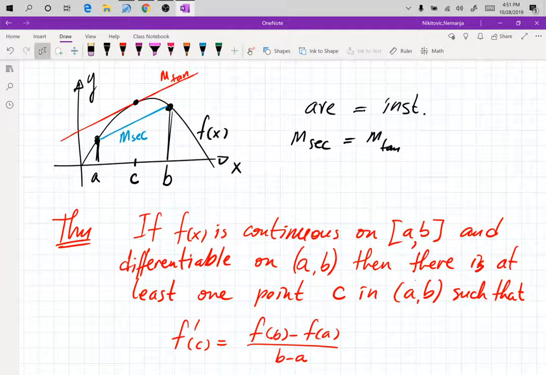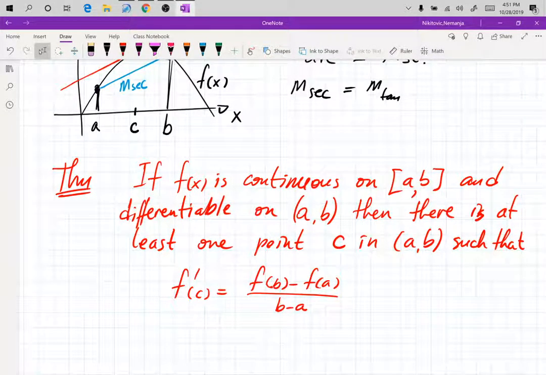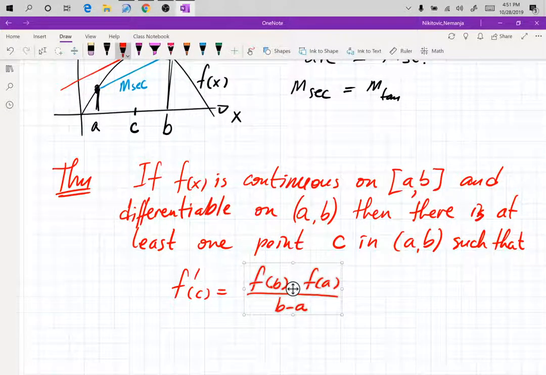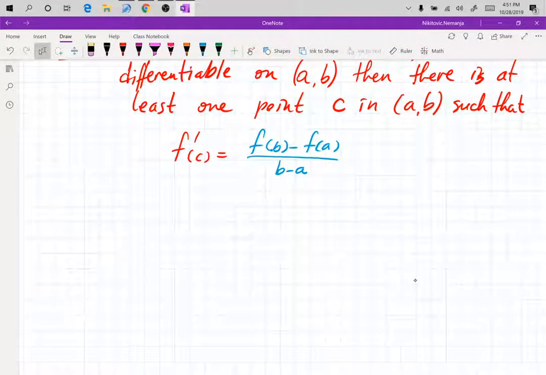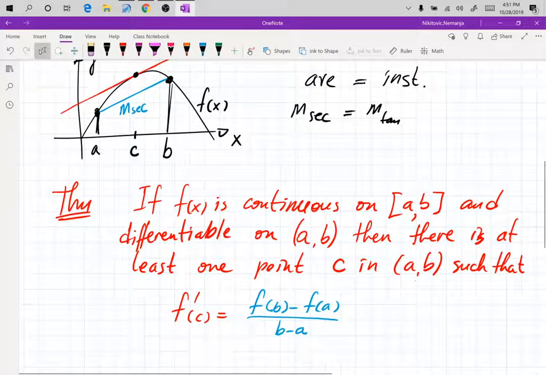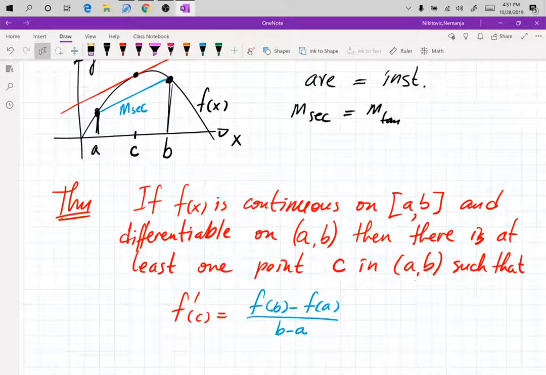If you want me to color code this, then I would have to put this side of the equation blue, right? If you want me to follow the colors I used up there for tangent lines. So you have the slope of the tangent line on the left and the slope of the secant line on the right, one representing instantaneous and the blue one representing the average.